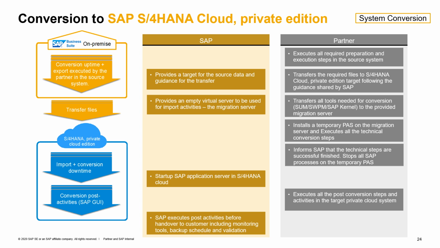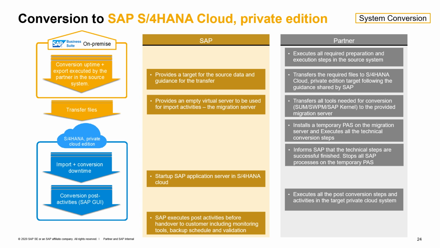In this slide, we now see the detailed technical conversion steps for the previous slide as part of the realization phase, and also the synchronization and coordination between your activities as a partner and the requirement to involve SAP in some of the steps. Let's start from the top, where you as a partner will perform and execute all the required preparation activities in the Software Update Manager for the source system.